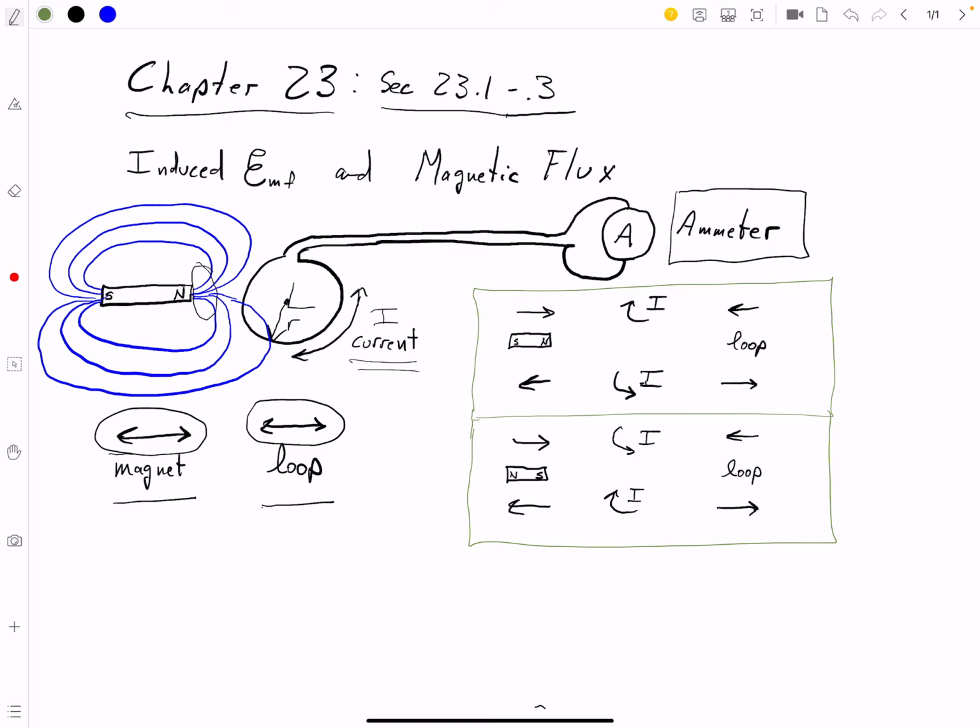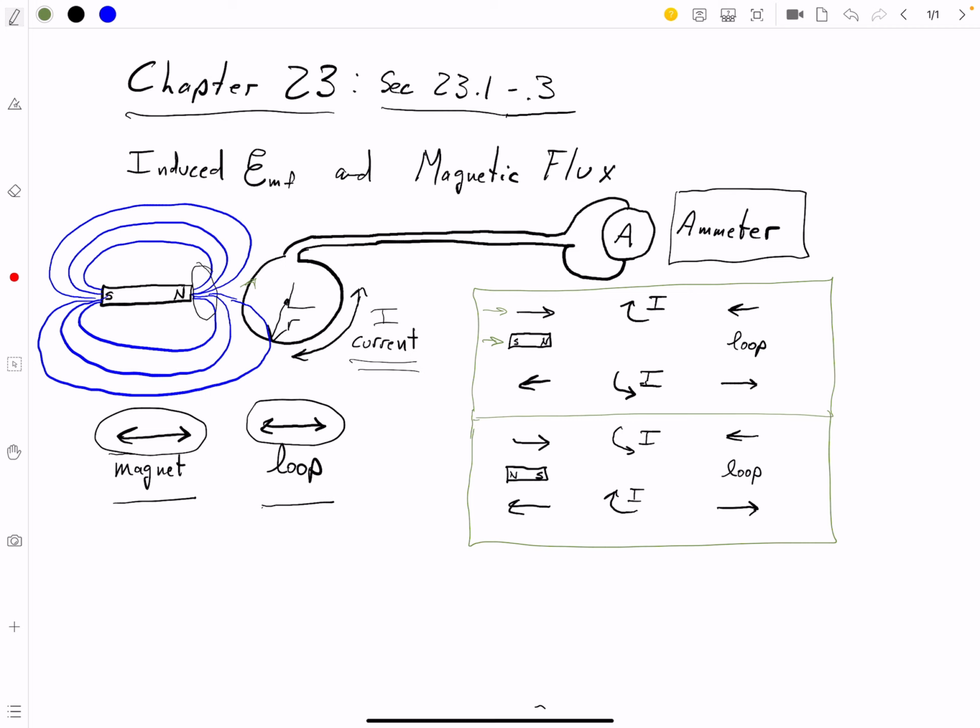One is you take the south to north end and insert that into the loop. If we insert it in this direction, then the current generated, and think about it yourself, should go up the left side. So the current generated should be like that.